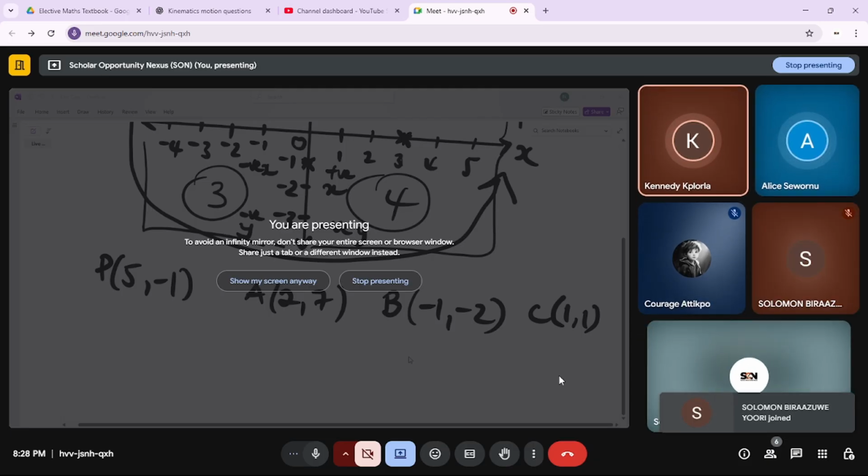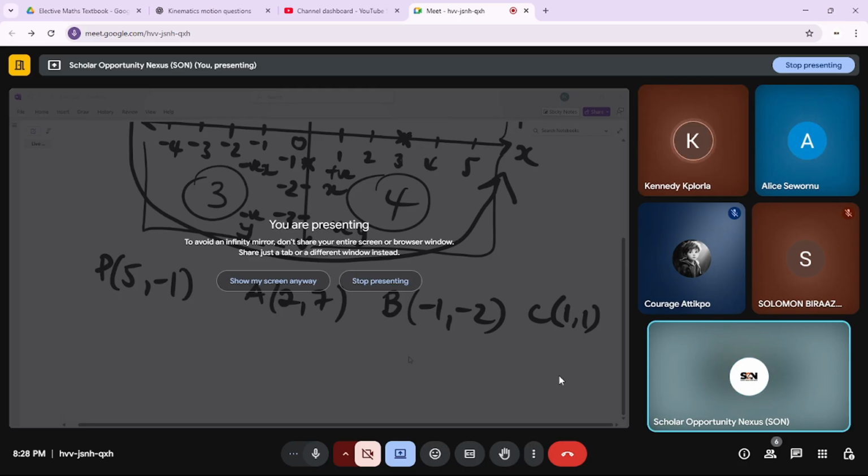A is the first quadrant, because both the points are positive. Good. Then B is the third quadrant, because all the points are negative. Then C is the first quadrant, because all the points are positive. That's good.